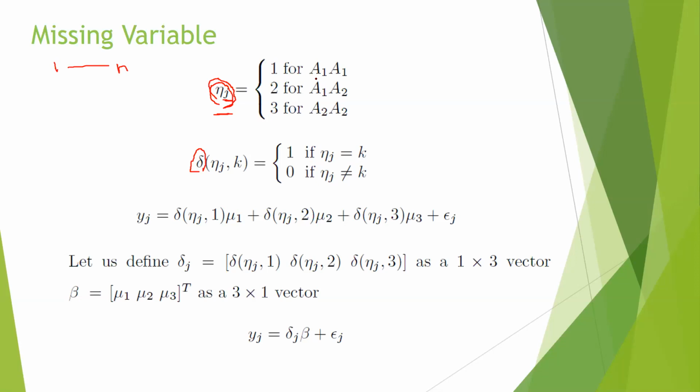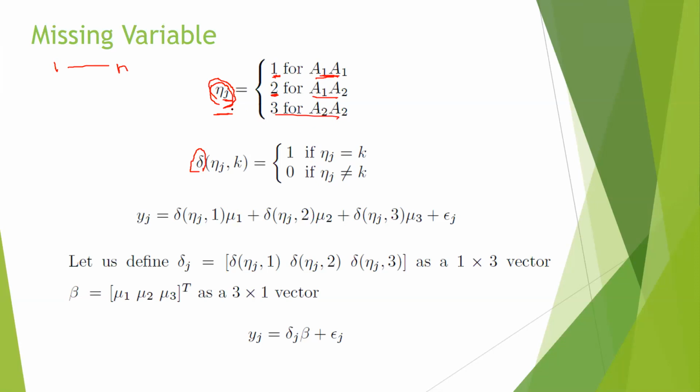If the jth individual comes from the first population, we let eta j equal 1. If it comes from the second population, eta j equals 2, and so on.